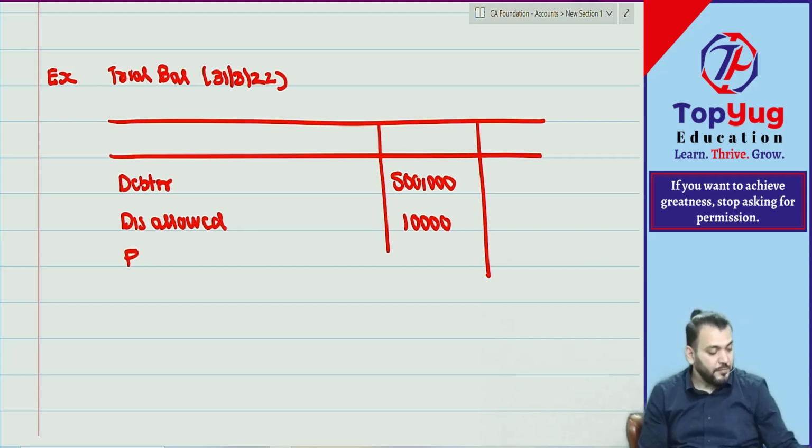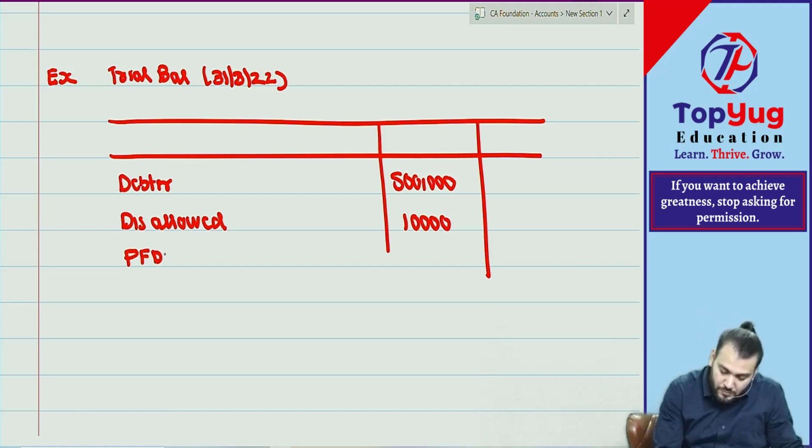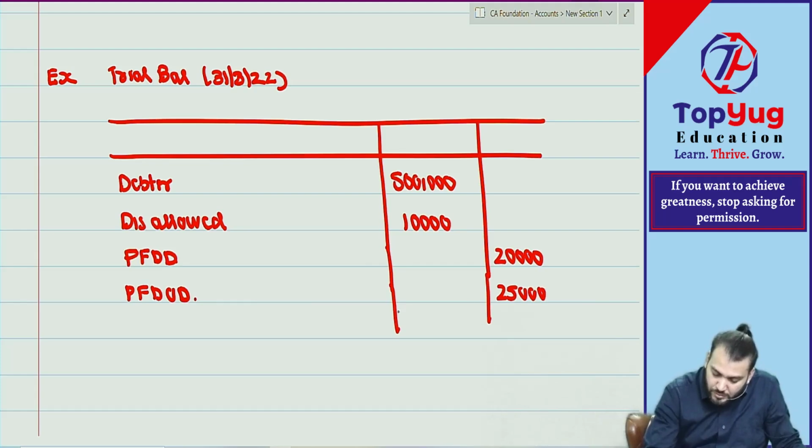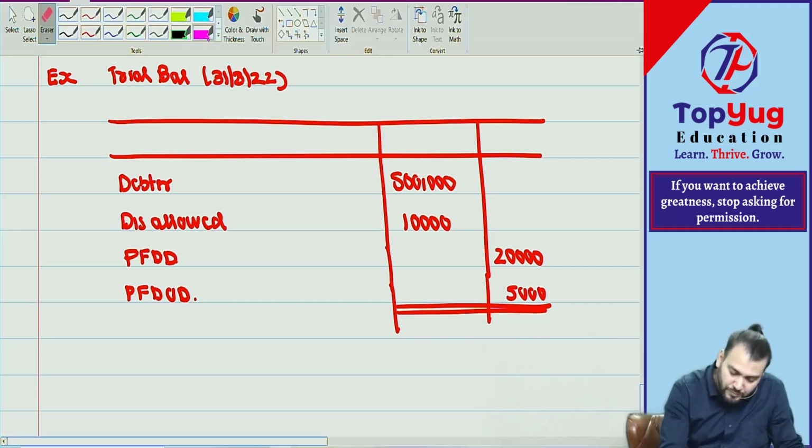Provision for doubtful debt, 20,000. Provision for discount on debtor, 25,000. 15,000.